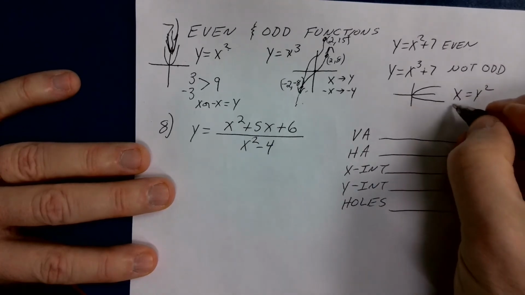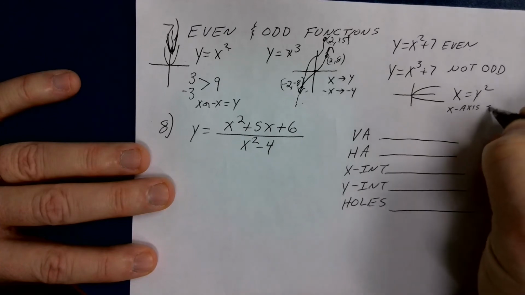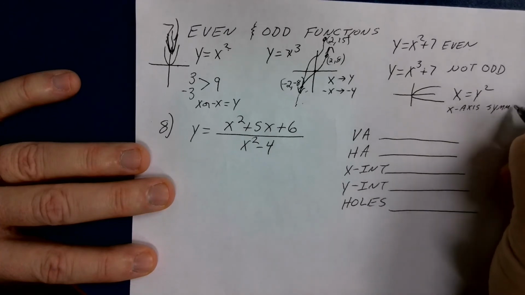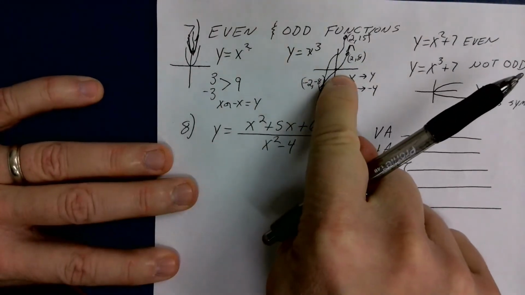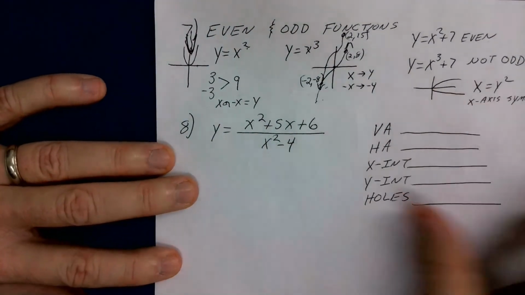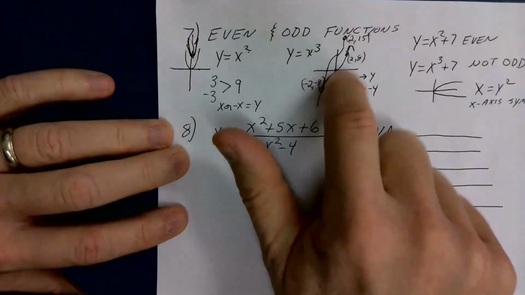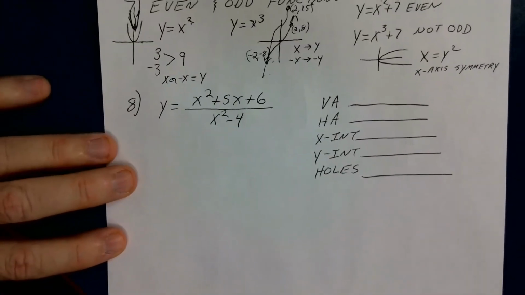But this one does have x-axis symmetry, and we'll talk about things that are functions or relationships, or whether they have y-axis symmetry, origin symmetry, or x-axis symmetry. These two being reflectional symmetry, this one being rotational symmetry, as we go through some of the stuff. Okay, hopefully that's good.